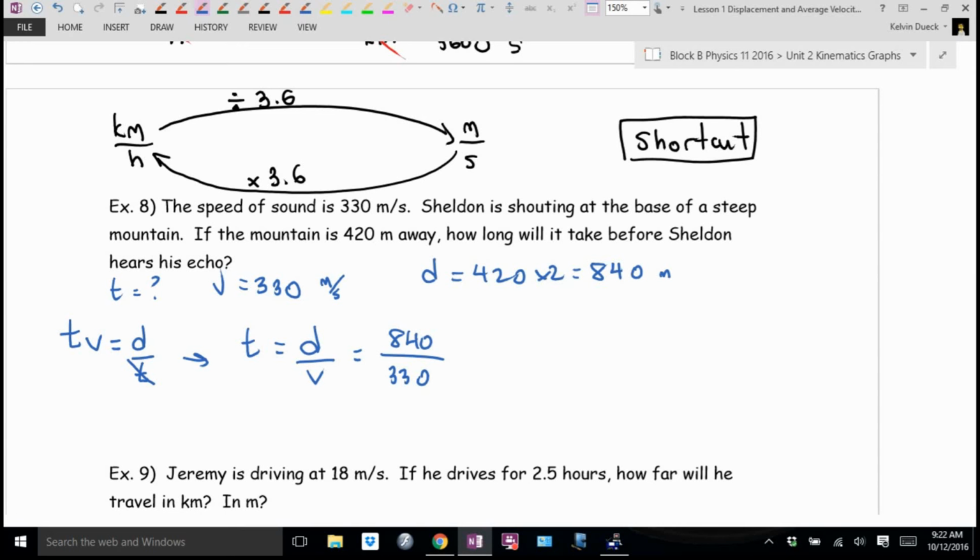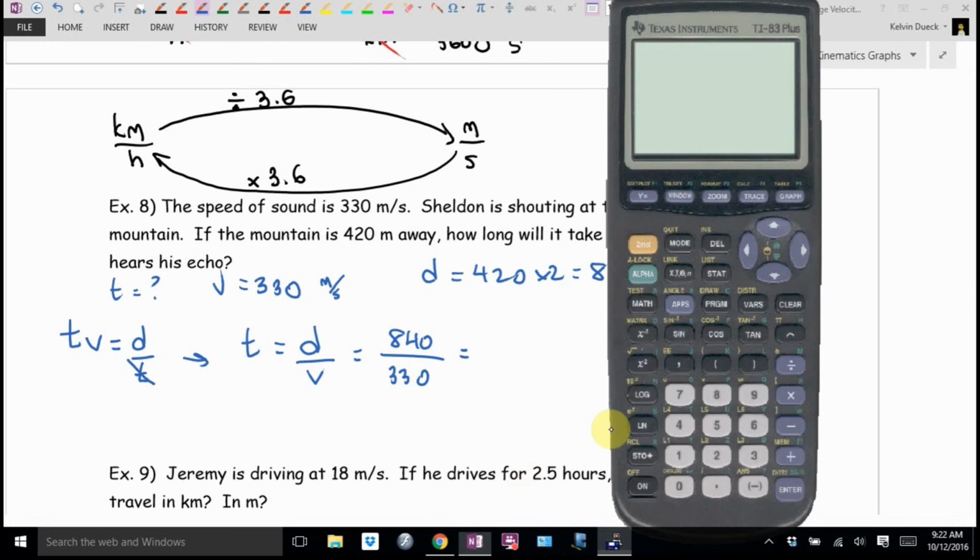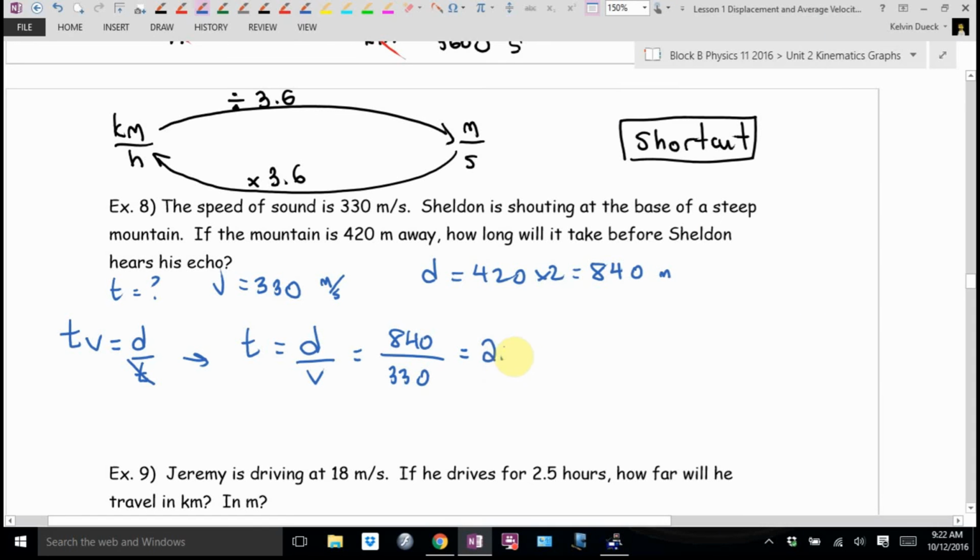But somewhere we got to double the distance or the time. 2.54 repeating, and now I'll go to the proper number of sig figs. How many sig figs should I go to here? 2. So 2.5 seconds.